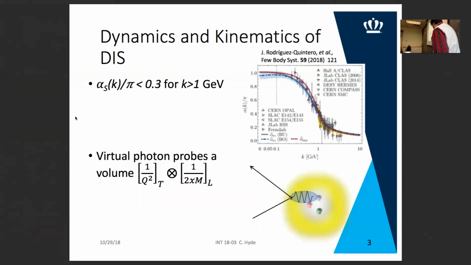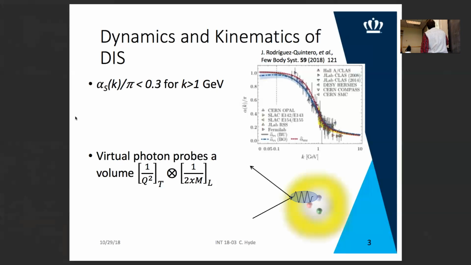So a few basic facts that we know about how we can use QCD in deep inelastic scattering. First of all, we have this what was initially sort of phenomenological, but now these people claim is a universal understanding of an effective coupling, not just the coupling in the perturbative regime at very high momentum scale, but all the way down to zero momentum.